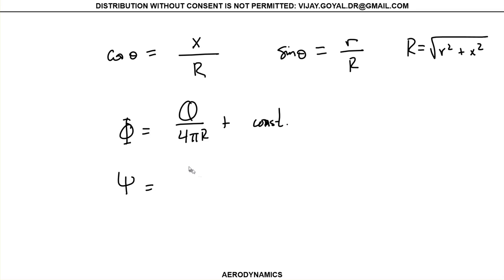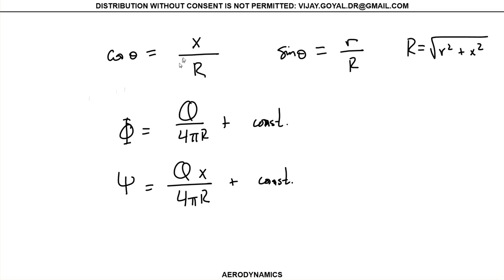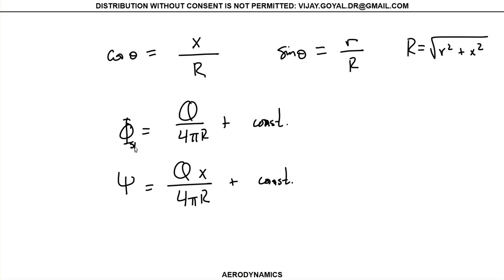Psi will be Q times x over 4 pi R plus a constant. Okay, and this comes from cosine of theta. Cosine of theta is x over R, so that's where these terms come from. Okay, so now we move forward, and that was for the sink. Okay, so this is sink.